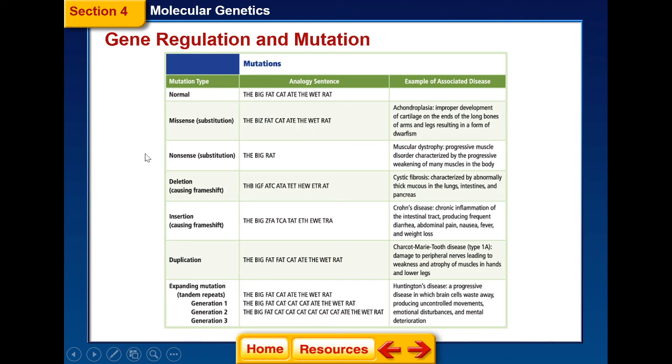But if you look at different types of mutations, one small mutation can actually change the whole sentence. Things like down here, okay? So anyway, I'll let you look into those. You can pause it, obviously. And then examples of diseases or disorders that come from these types of mutations.